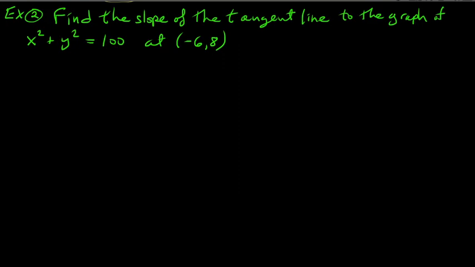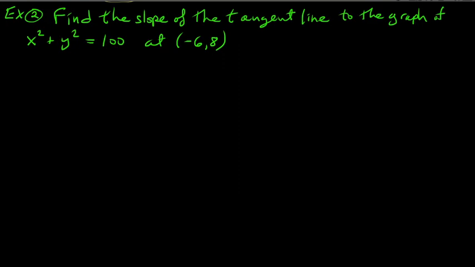Okay, so next example, we want to find the slope of the tangent line to the graph of x squared plus y squared equals 100 at the point -6, 8. And if you watched the review video for test 1, you saw me do this one. This was actually on practice test 1. So what is it doing here?